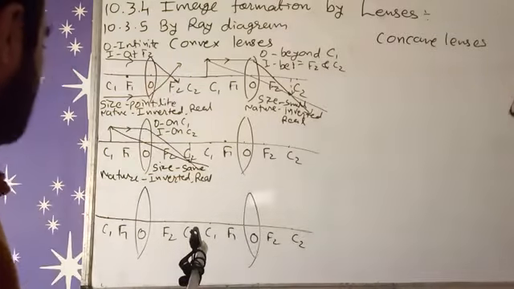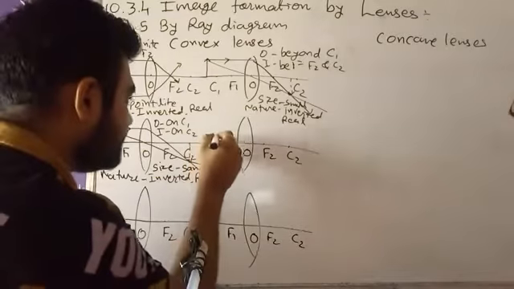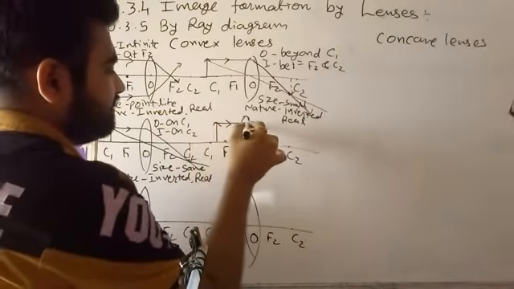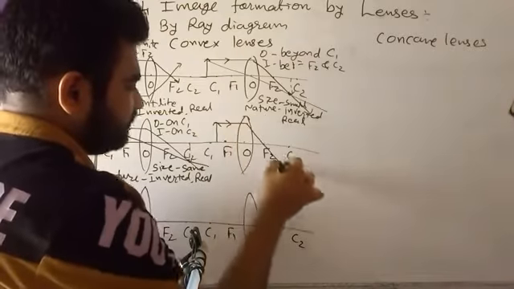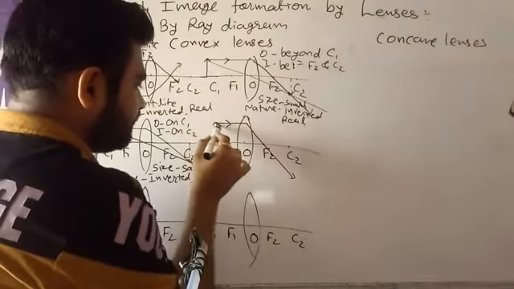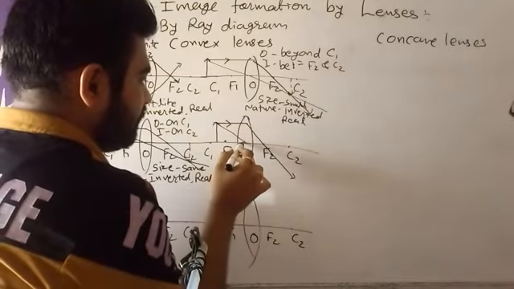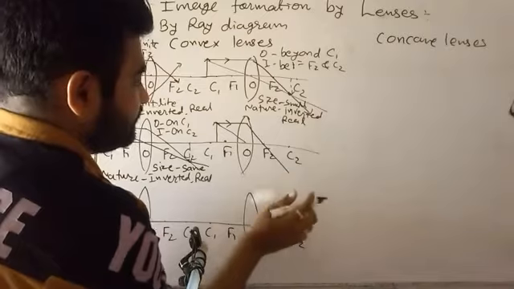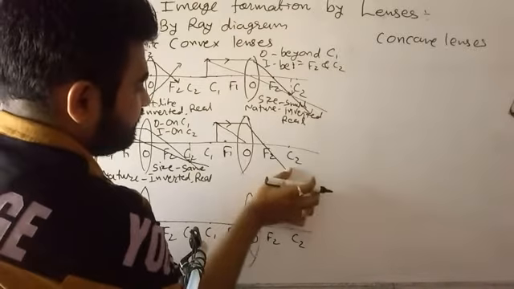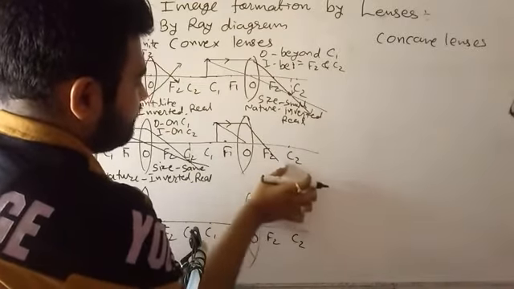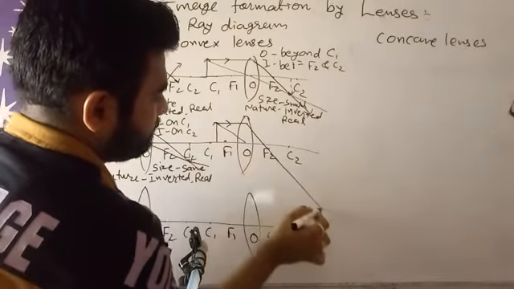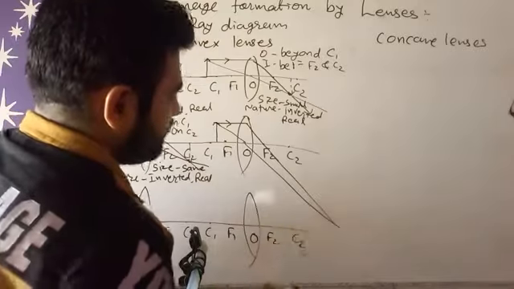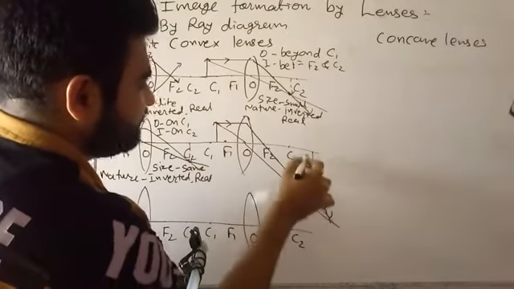Now we have to put the object between C1 and F1. One ray from the object passes through F2, another passes from here. We get the image very far away, at this point.